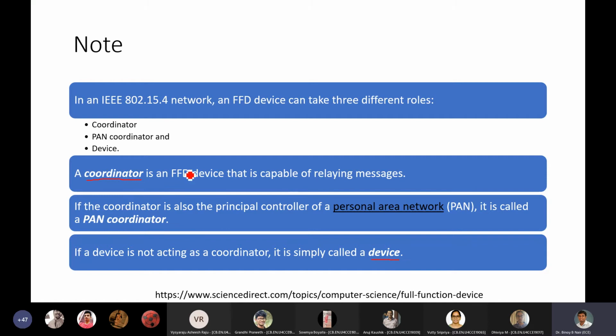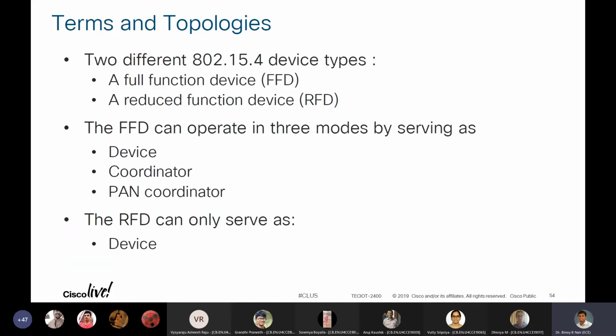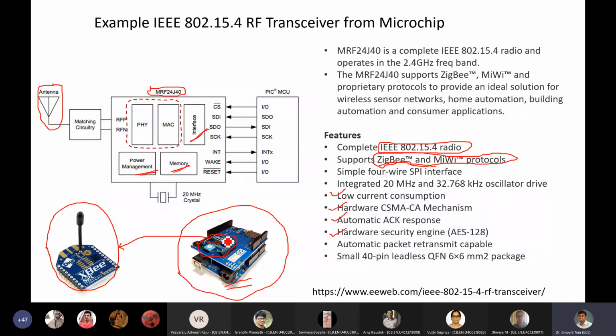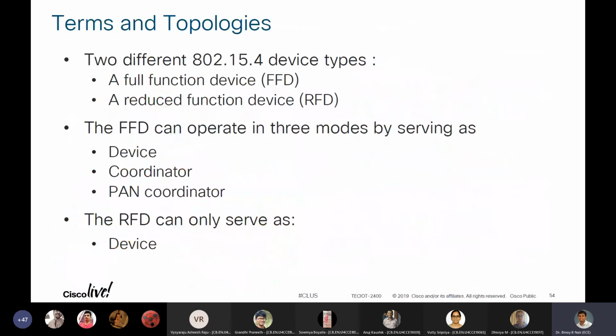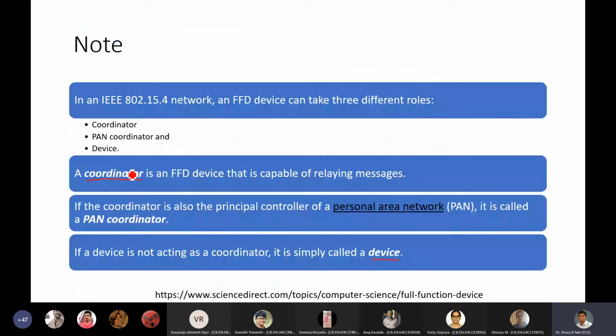What we have seen in the previous slide, these things you see here, can work as either coordinators or as the PAN coordinator. The Arduino module that we saw, any one of them can work as a coordinator or as a PAN coordinator.